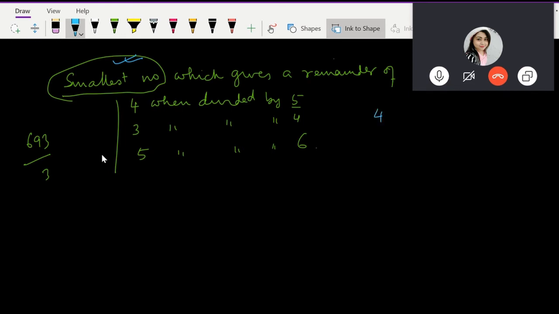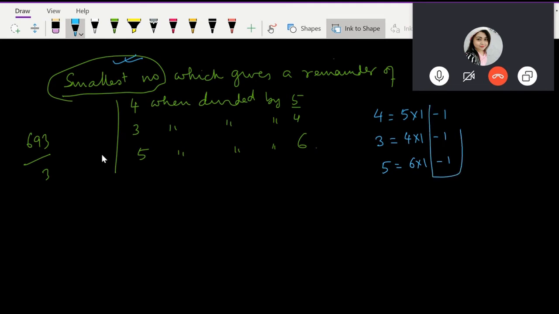So 4 can be written as 5 into 1 minus 1. 3 can be written as 4 into 1 minus 1. 5 can be written as 6 into 1 minus 1.